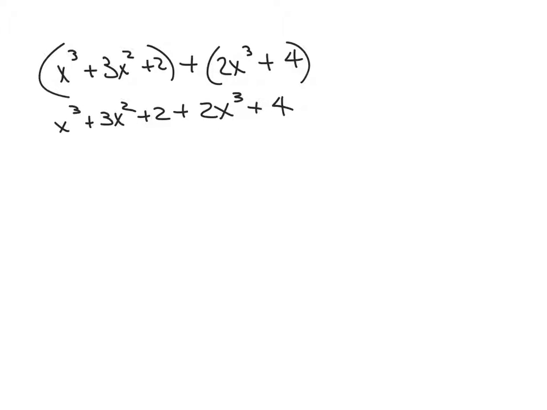And what we do when we add polynomials or add terms is we add like terms. Now, how do you tell when a term is a like term? When the terms have the same exact variable, in this case they all have x's.